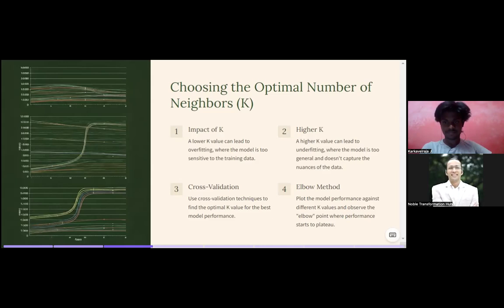This is what it is all about when you choose the optimal number of neighbors in K. In life also you have to balance. When we say work-life balance, you have to work, you have to do sports, you have to do exercise, you have to do meditation. That is what balance is. If you keep working only, you don't sleep, you don't eat healthy food, that will be one extreme, and the other extreme is also there.